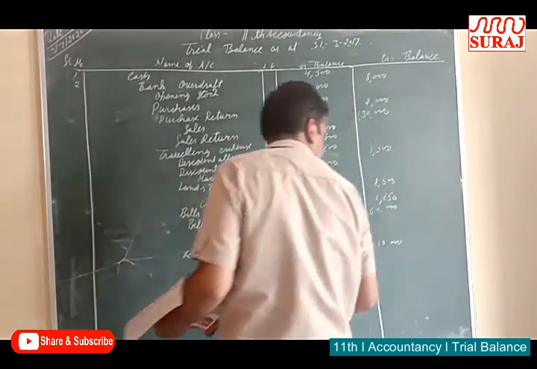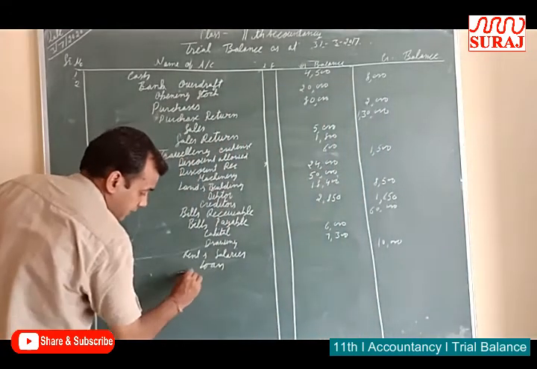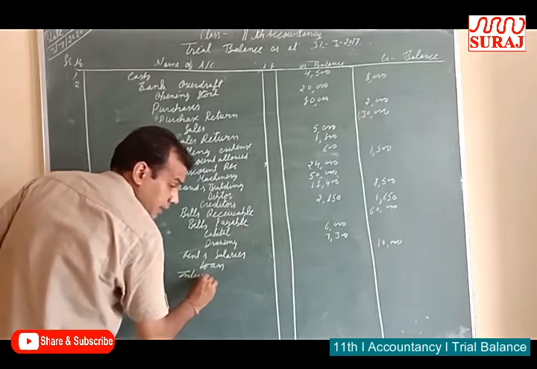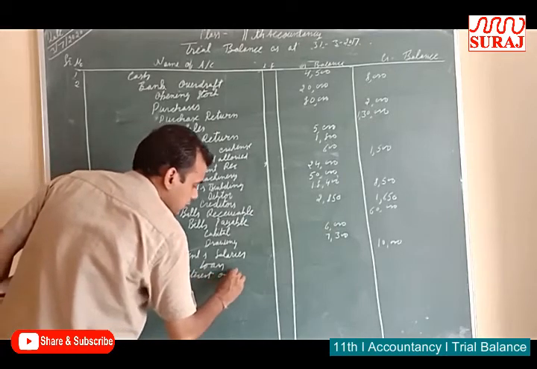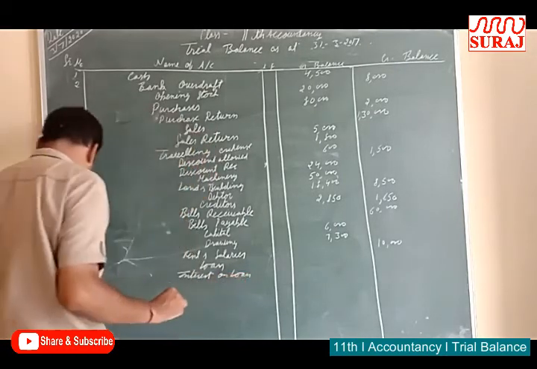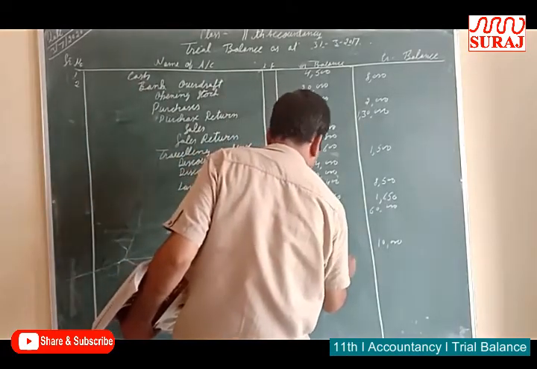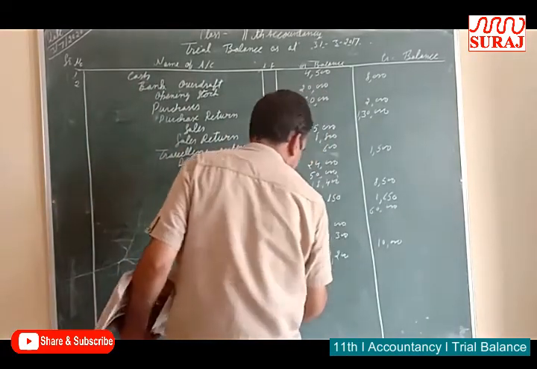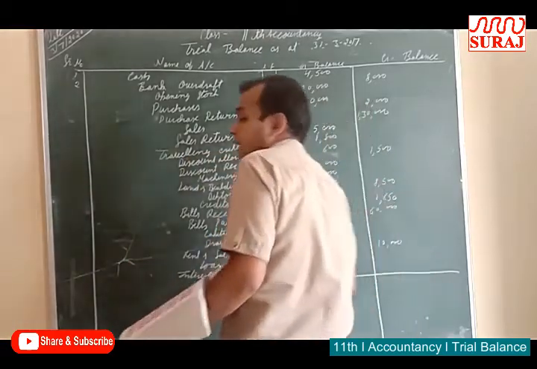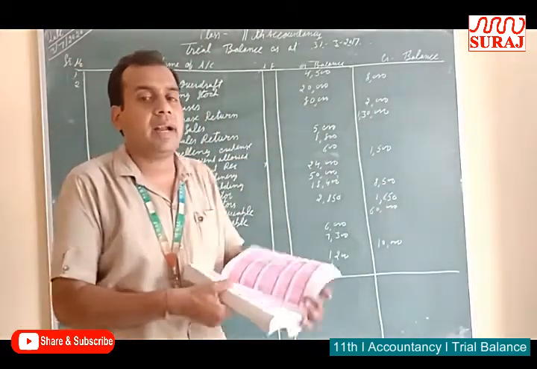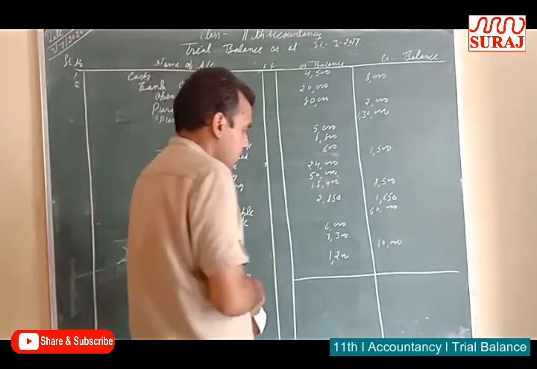Interest on loan, an expense, debit balance: 1,200. If you have not made any arithmetical mistake, then both your debit and credit sides will be equal.